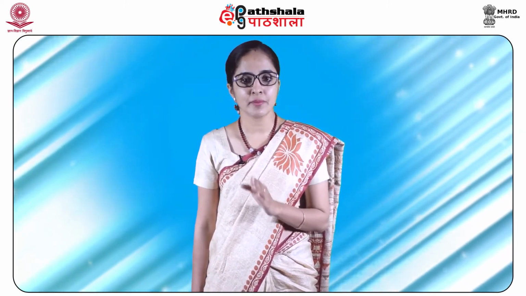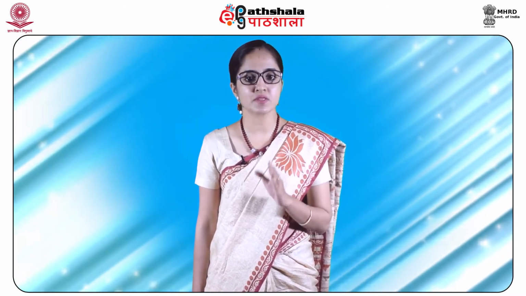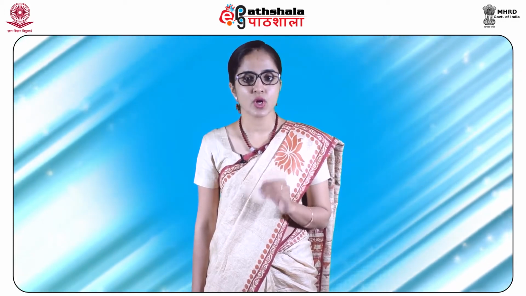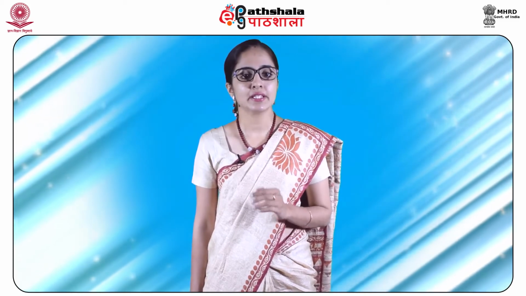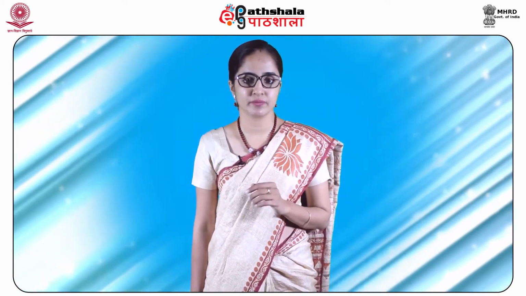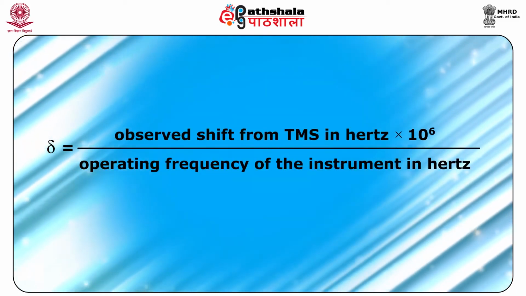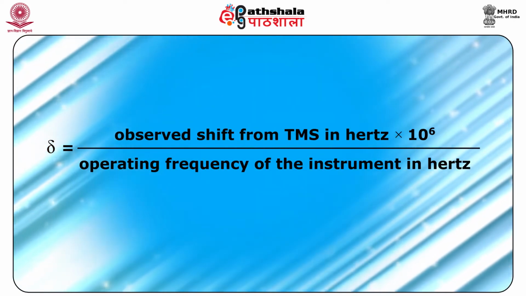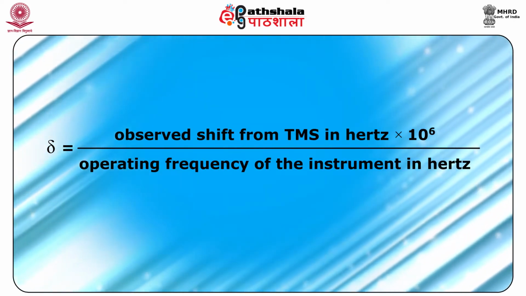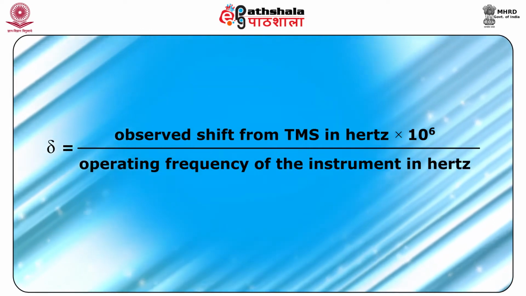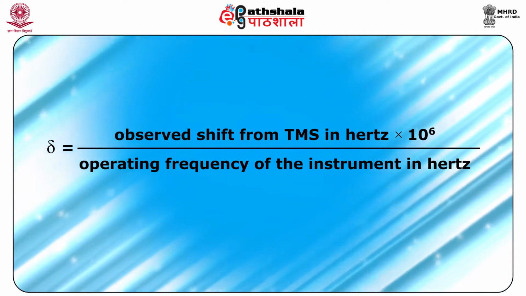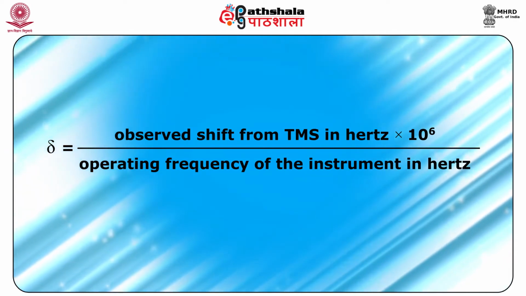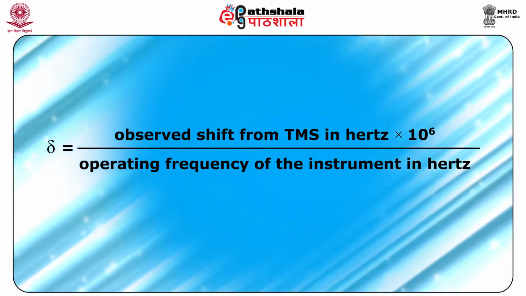One such unit is delta. The chemical shifts are generally expressed in delta values whose unit is ppm, that is parts per million, and it is independent of the field strength. The chemical shift of a particular proton is defined as the difference in hertz between the resonance frequency of the proton under observation and that of TMS, divided by the operating frequency of the spectrometer.